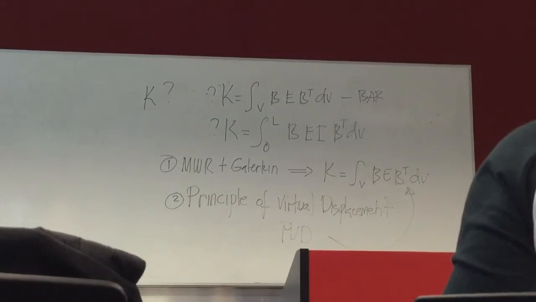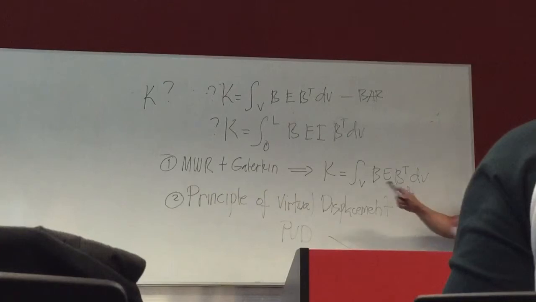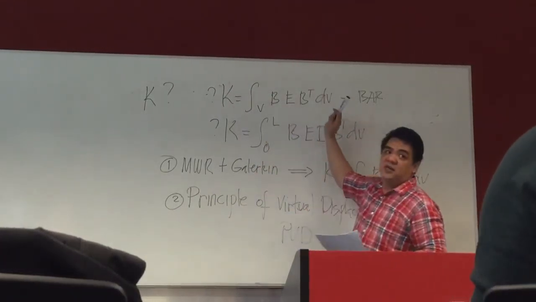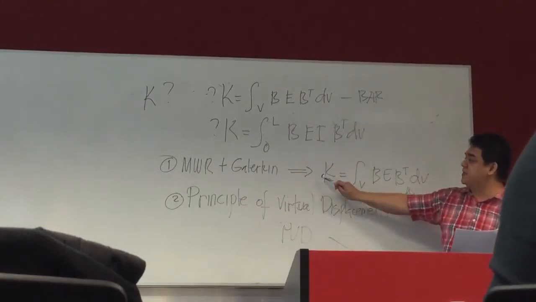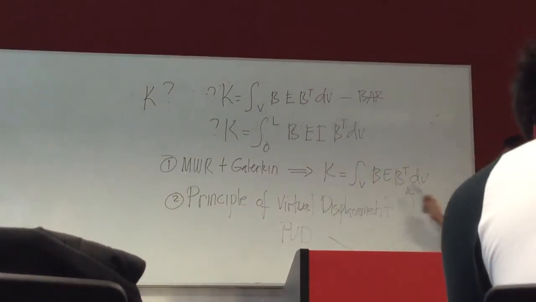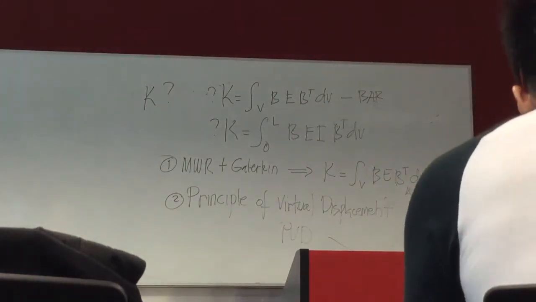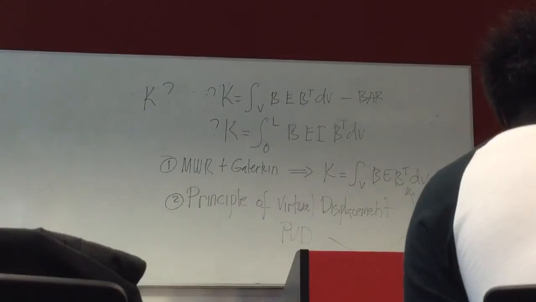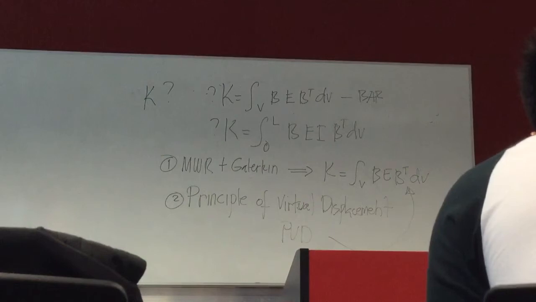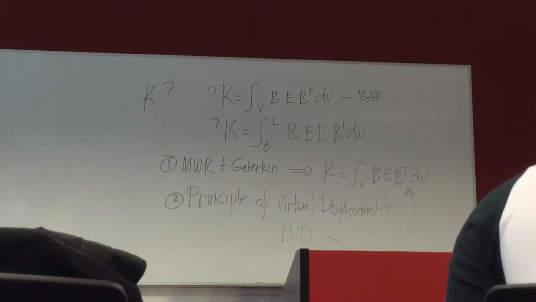I hope you had a good exercise in deriving the stiffness matrix. So our question now is, how do we get to this one? We answered this by using the method of weighted residual and the Galerkin method. Let's study the other method, the principle of virtual displacement. So your PVD, I have this one to be my stress strain.